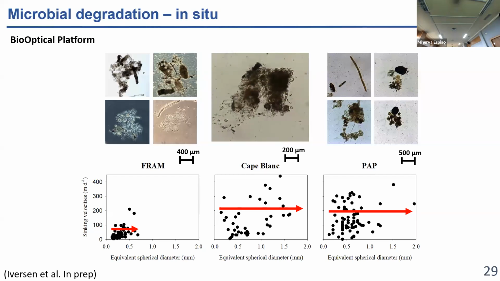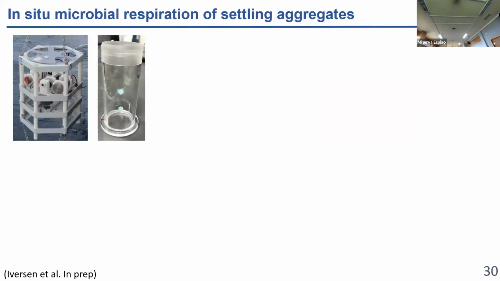And the next step, this links to the respiration, is that we are now going to use optodes. We have developed a system where you basically have a gas-tight cup. We allow the aggregates to sink in, maybe over some days, depending on how productive it is. They land on a little mesh below, and then they start using the oxygen.